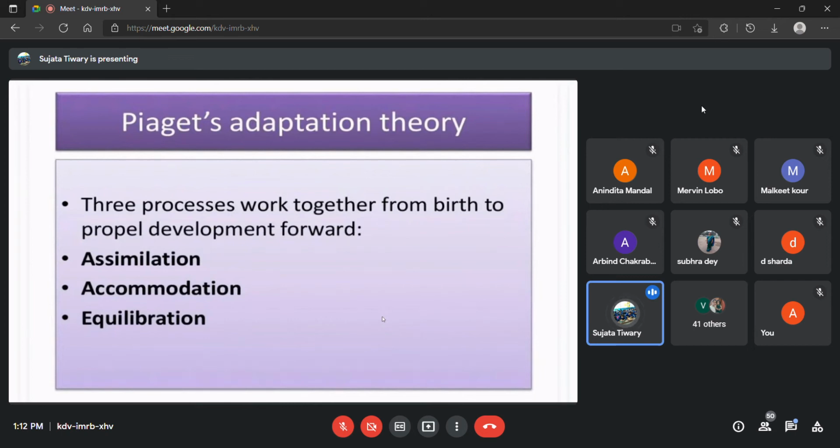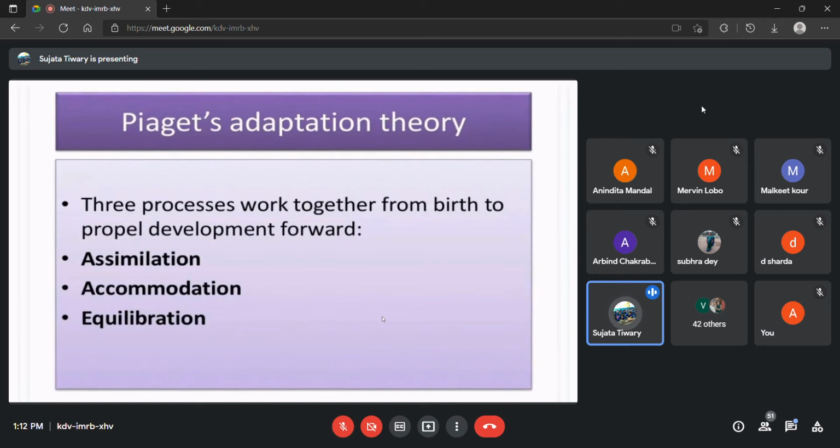What is assimilation? Assimilation is when people take in information from the outside and convert it to fit into their existing idea. It is also called schema in psychology, that is a pocket of knowledge present in our brain.